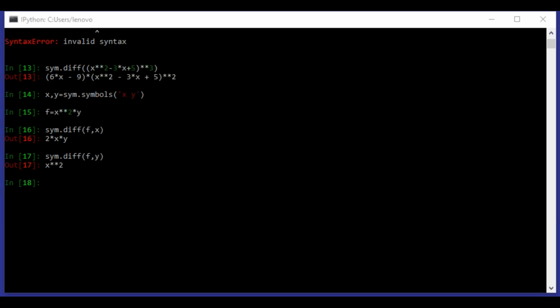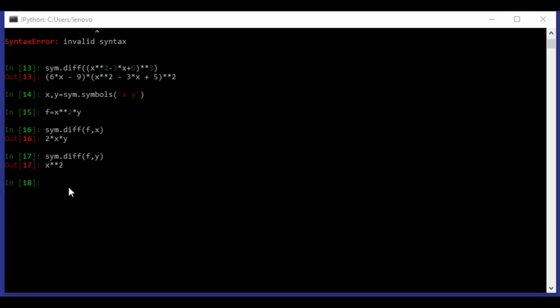Therefore we get 2x, the differential of x squared, so 2x y z raised to 5. Similarly, dou y of this function is x squared z raised to 5. Then the partial derivative with respect to z gives 5 x squared y z raised to 4.